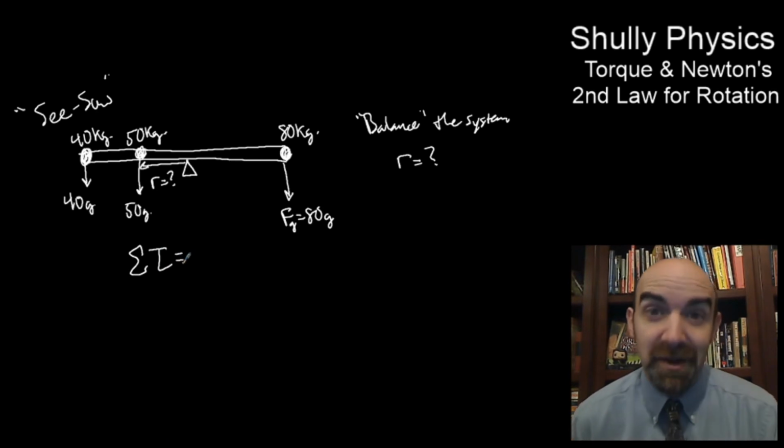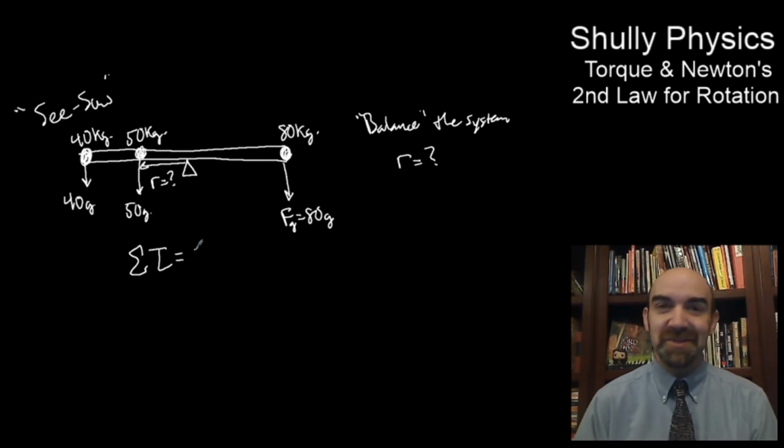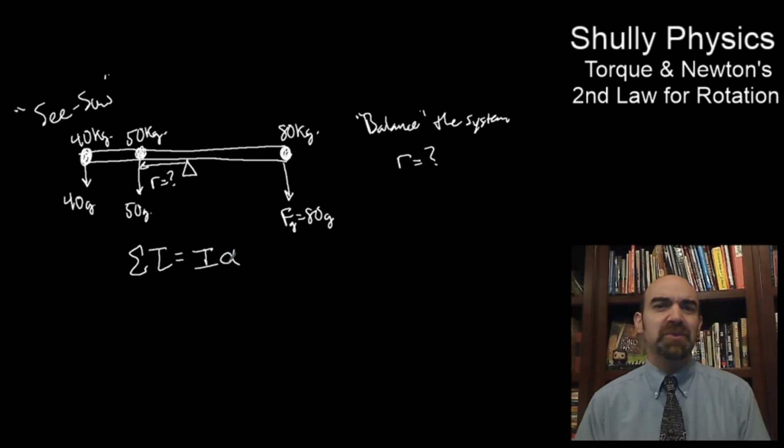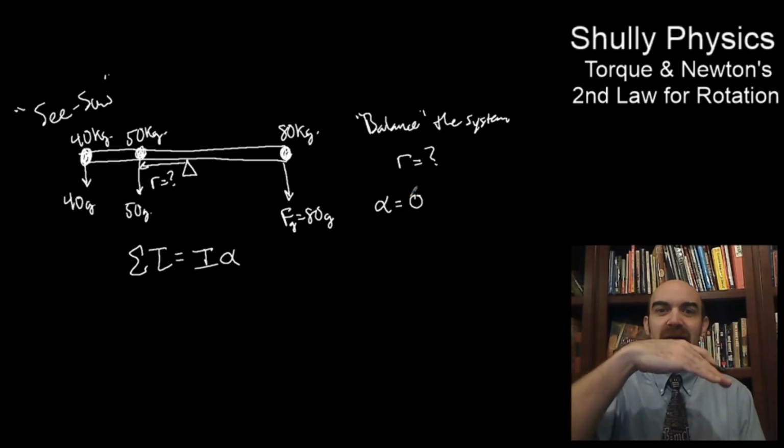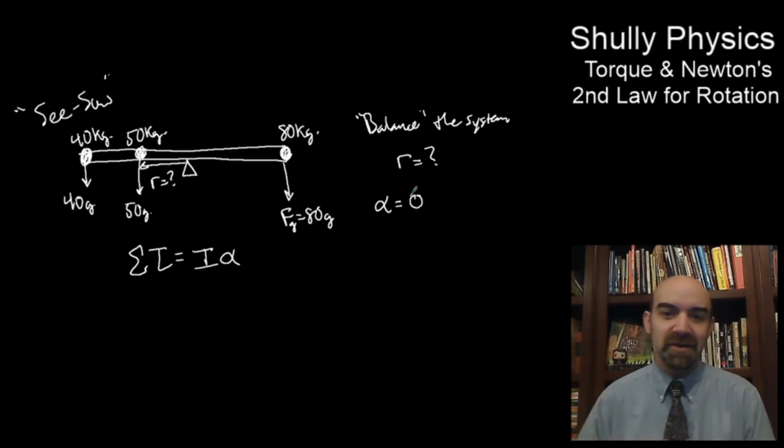Whenever we're trying to balance, we go to the law that deals with balancing forces. But in this case, we're balancing torques. Before we get I and alpha truly involved, we're trying to balance the system, which means the angular acceleration should be what? It should be 0. Okay, we don't want any angular acceleration clockwise or counterclockwise.